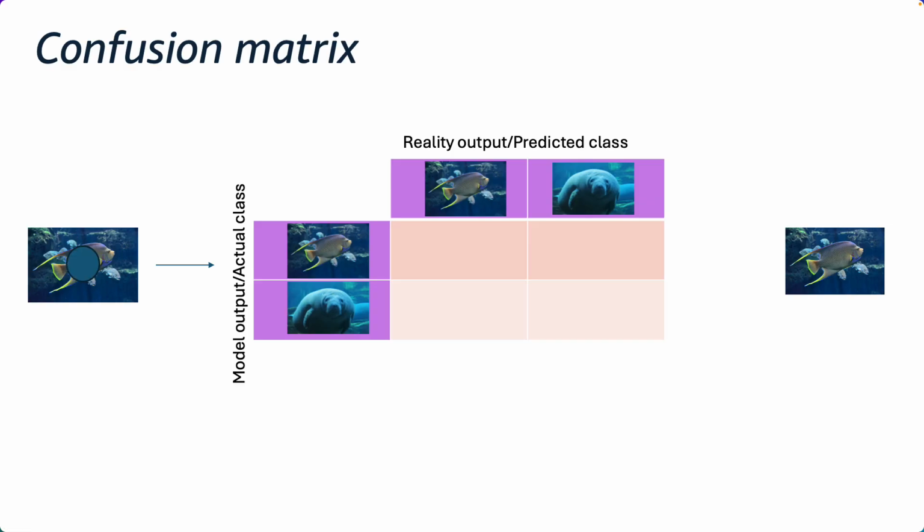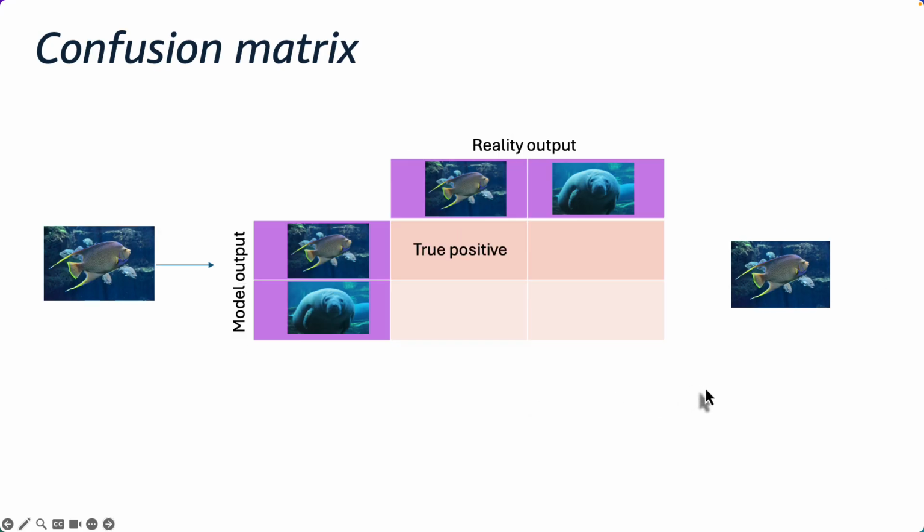So for our first image, we go to the left of the model output and down from the reality. And this cell represents a true positive because it is correct that this is an image of a fish, and the output from our binary classifier is a fish. So it is correct. And we repeat this process.